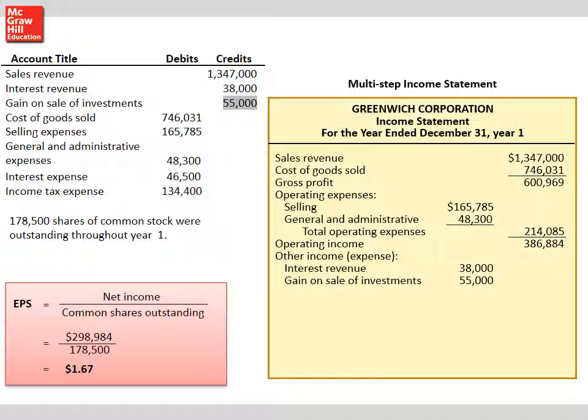So those two revenue or income items are listed after operating income. Interest expense is an expense of financing, taking a loan out. So that's listed in the other income and expense area. Revenue and gains are positive amounts where the interest expense is a negative, so you must put brackets around it in this case.